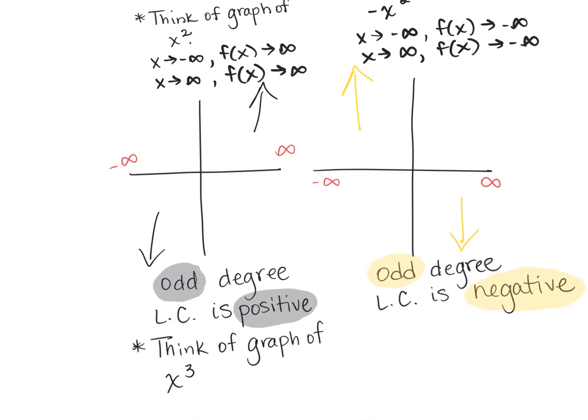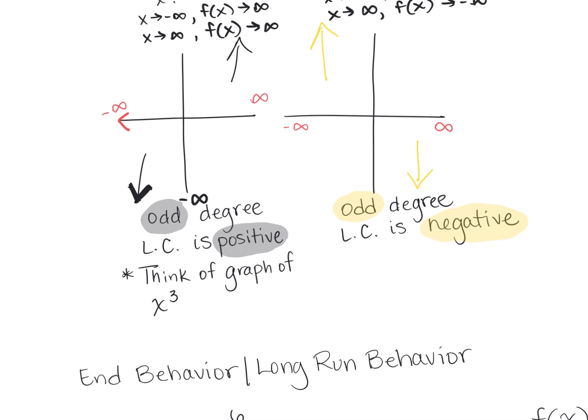So in this case, we are thinking about x cubed. So I know that x cubed has stuff in the middle, but I know that at the ends they go in opposite directions. So if I have an odd degree and my leading coefficient is positive, then my x's are going to go off this way, my y's are going to go down to negative infinity. And that's how we write that.